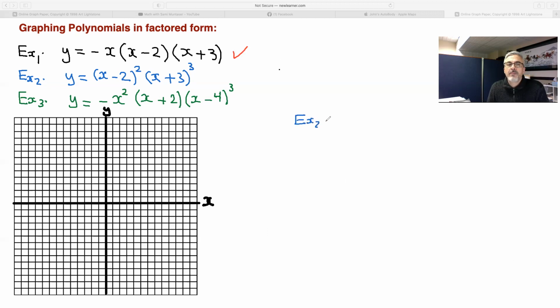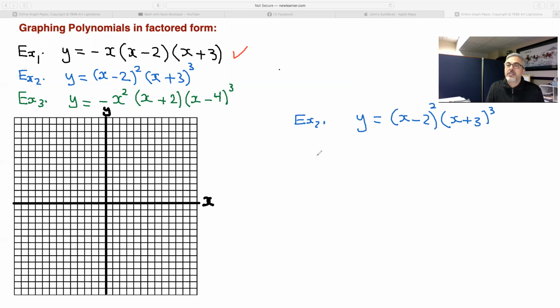Example 2 is y equals (x minus 2) squared times (x plus 3) cubed. One is squared and one is cubed. Now here we have to talk about multiplicity. Sounds like a big word, but really nothing to it.